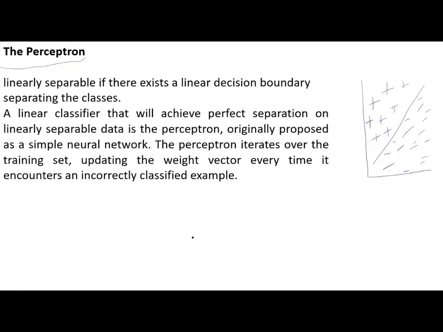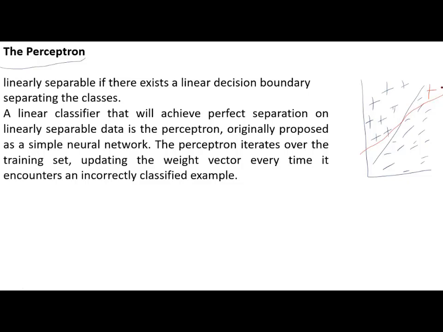Suppose in case a positive example comes here, then what is our separating line? Then our line has to be like this, which should not cover a negative, but should cover all positives. Now this is also covering this negative.